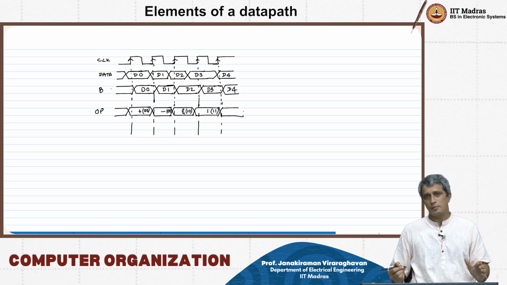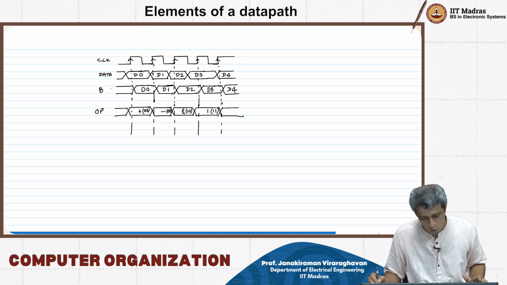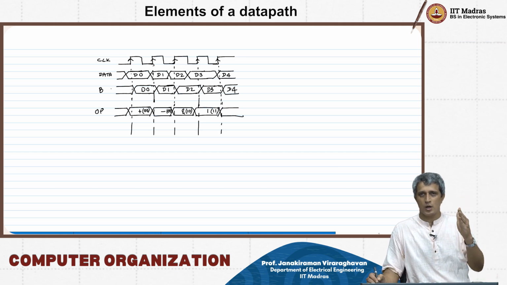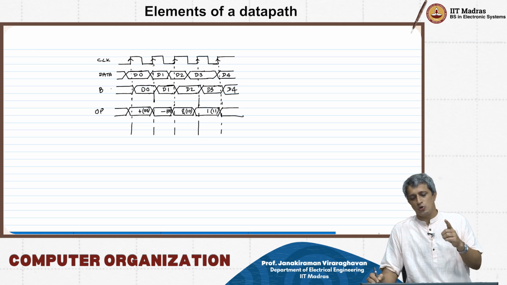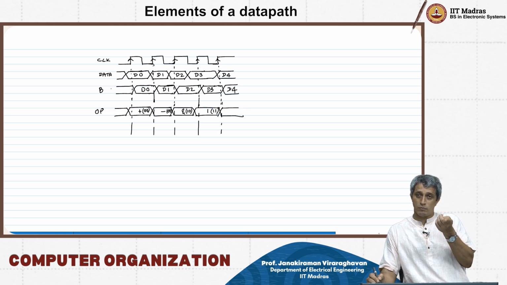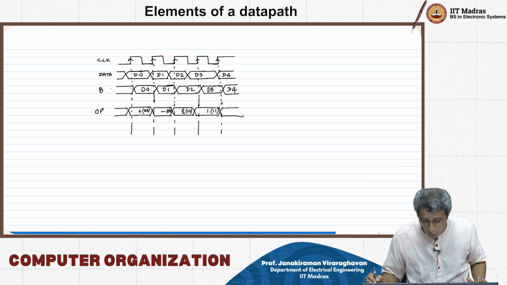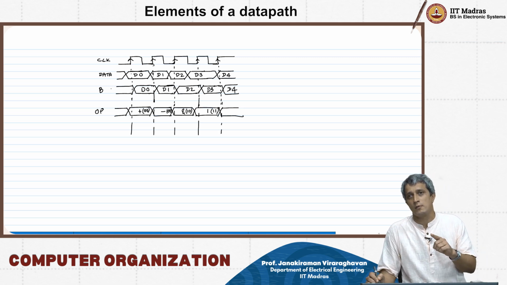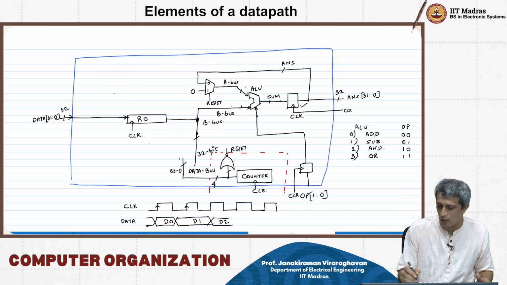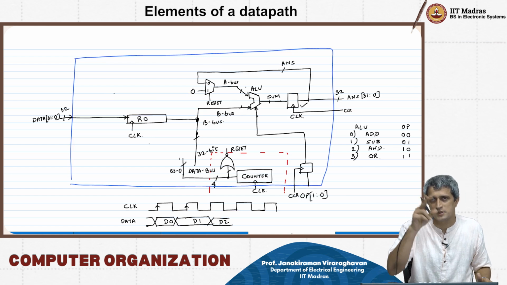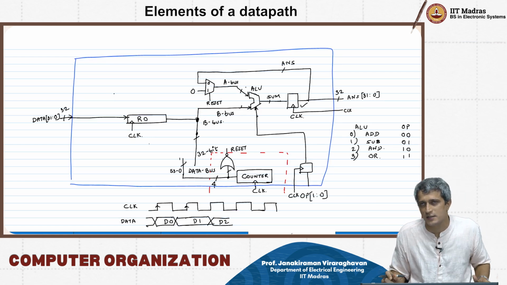So what does this basically do? First D0 comes in, it will do D0 plus 0, then it will do D0 minus D1, because if you look at this, after the reset the answer is being fed back as an input.